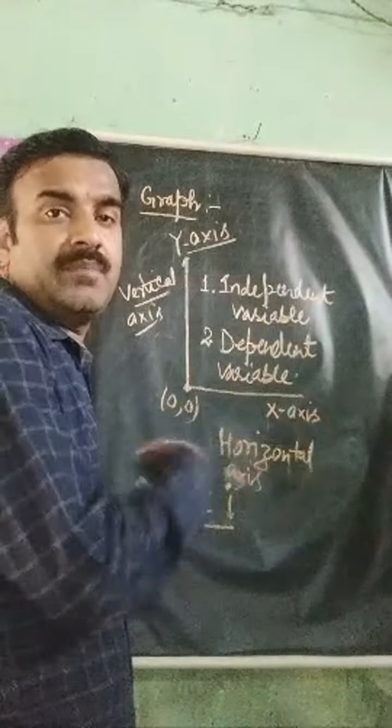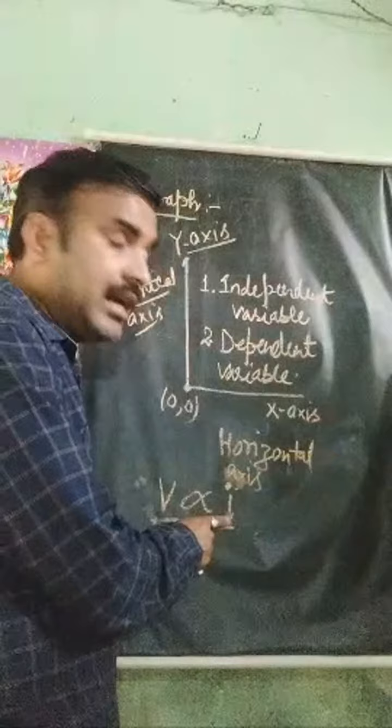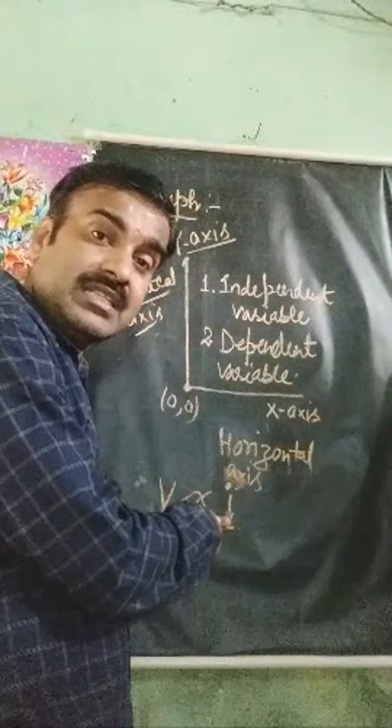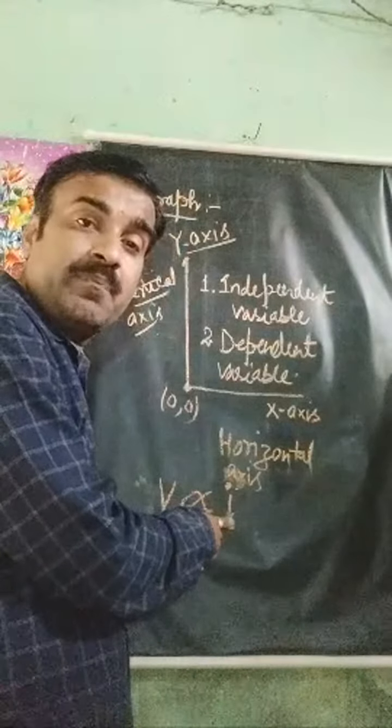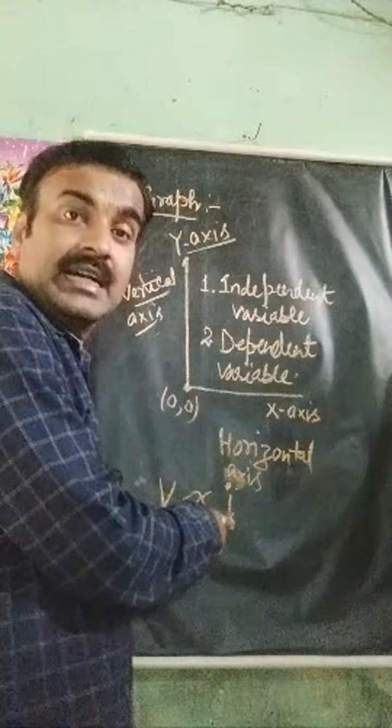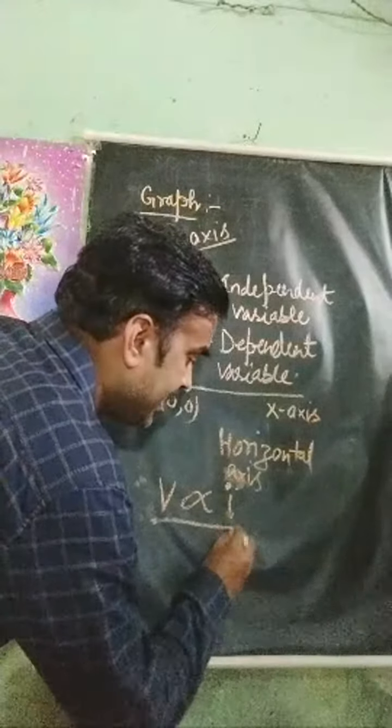Don't say it the opposite way. Once the current changes, the potential difference also changes. That means current is the independent variable.